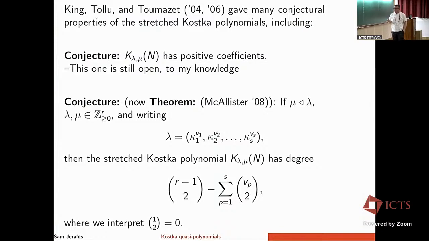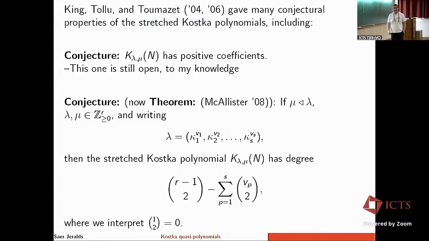Then the stretched Kostka polynomial has a degree which you can write down very combinatorially just based off of lambda, mu, these exponents, and where they're living. So it has this particular degree. We interpret 1 choose 2 if and when it appears as 0.